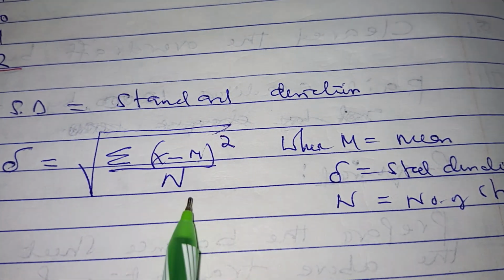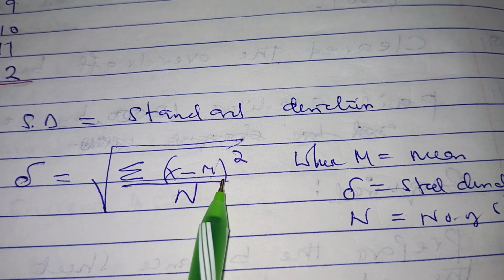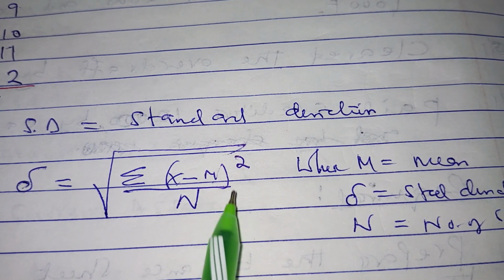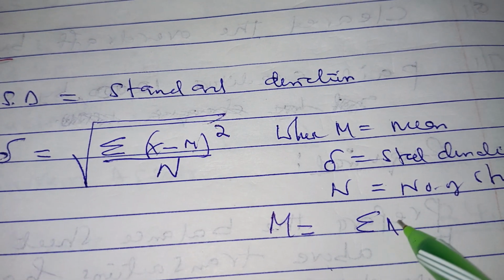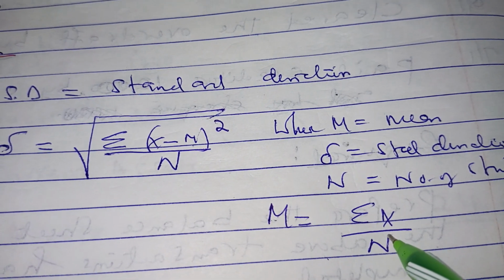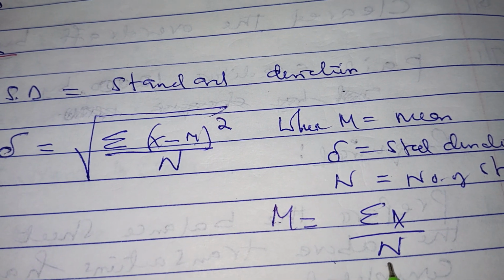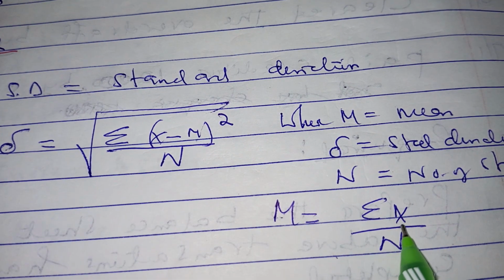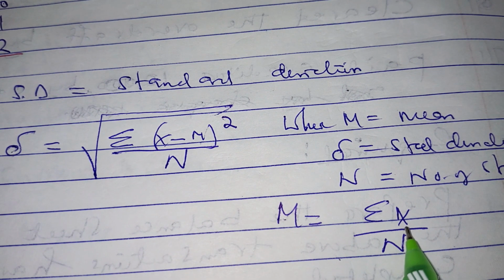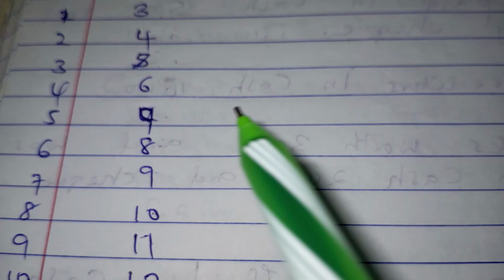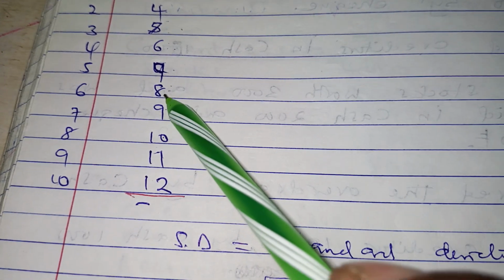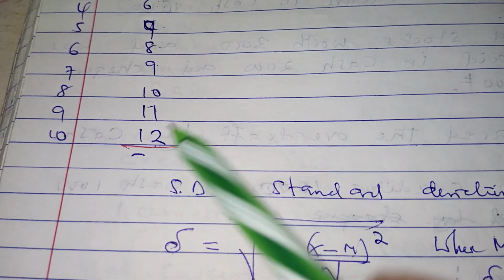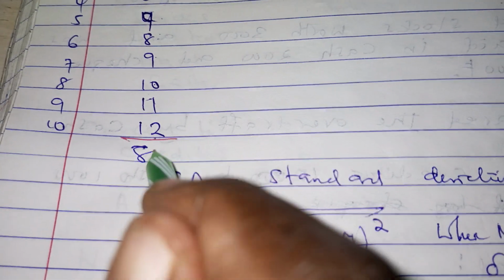Therefore, we first need to get the mean. But how do we get the mean? We must remind ourselves that the mean is given by the summation of x divided by n, where n is the number of observations and x is the marks. So we first need to get the total marks. When we add the 3, 4, 8, 6, 9, 8, 9, 10, 11, 12, we get a total of 80.